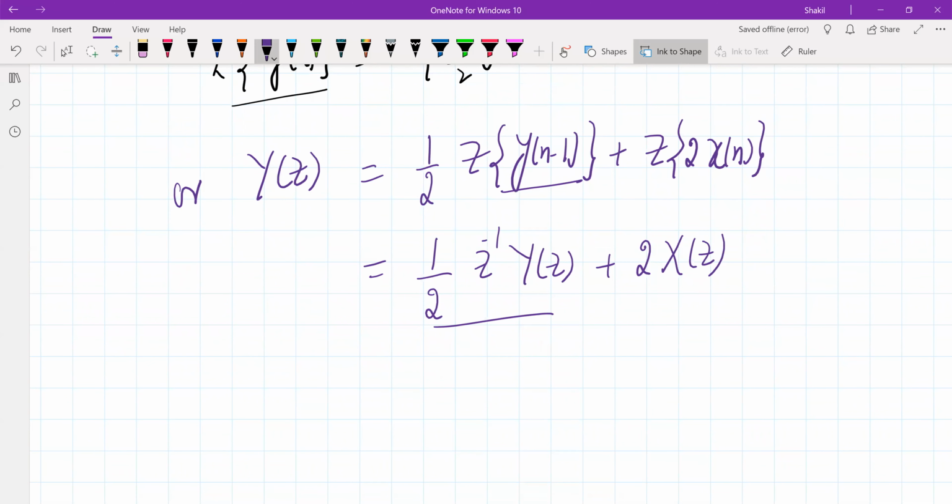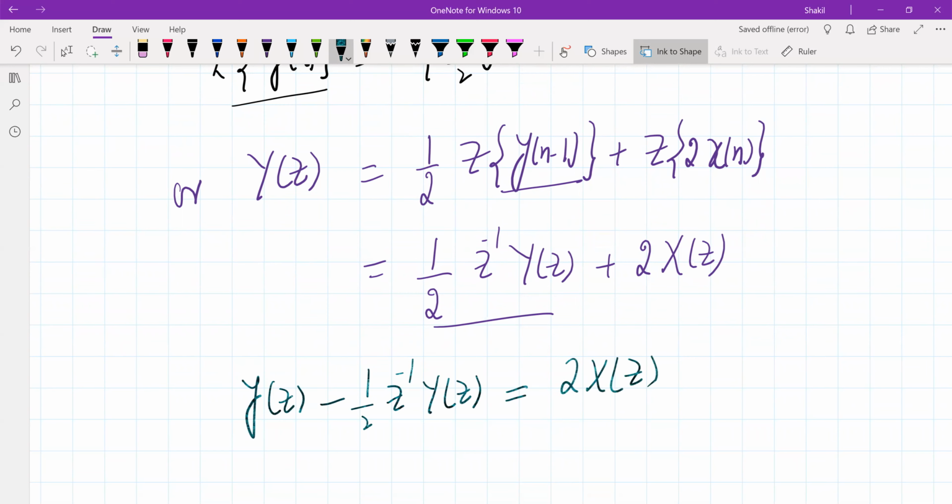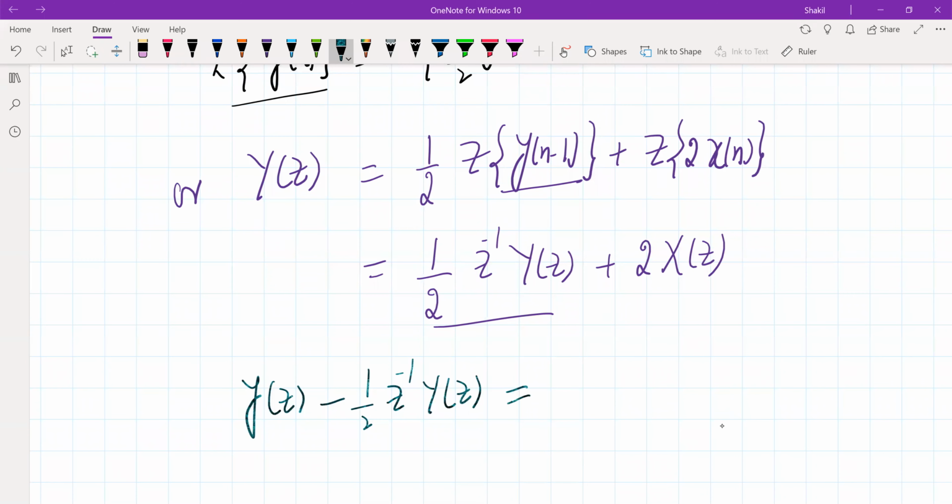Now transferring this term to the left hand side, we'll write it as Y(z) minus 1/2 z inverse Y(z) equals 2X(z).